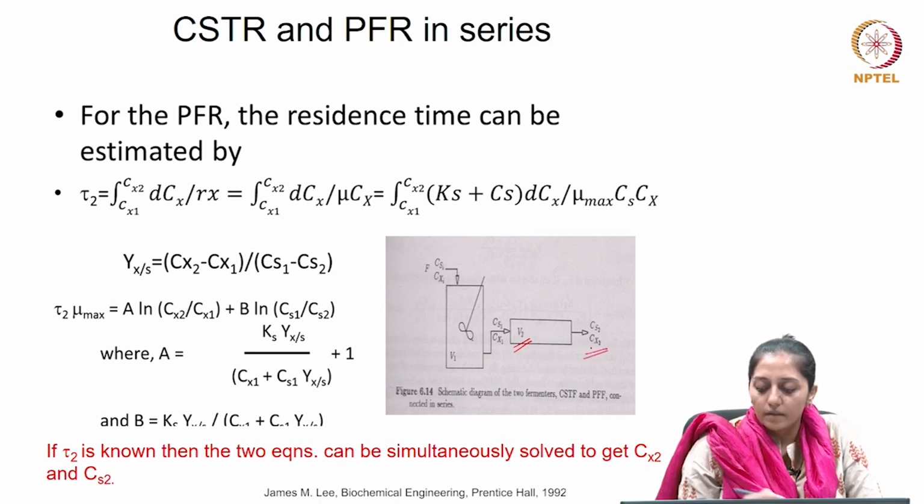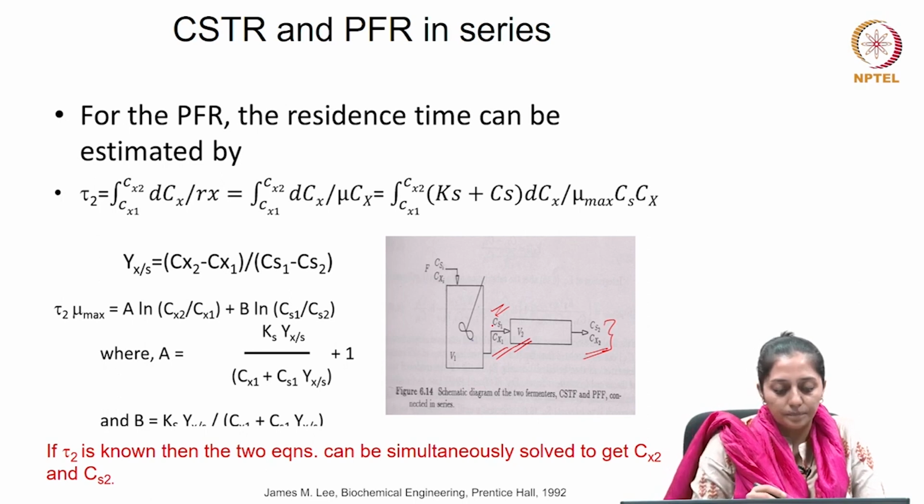The outlet substrate and biomass concentrations in this ideal plug flow reactor have been represented as CS2 and CX2, and the inlet, which we know now, is the outlet from the first reactor, which is CX1 and CS1.